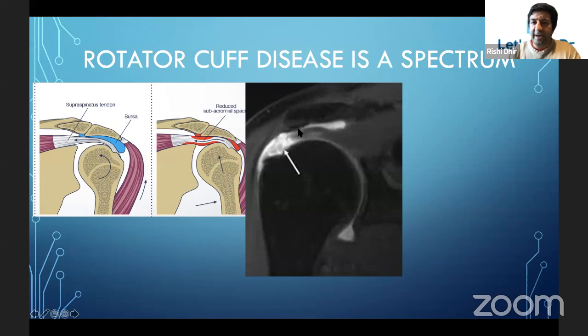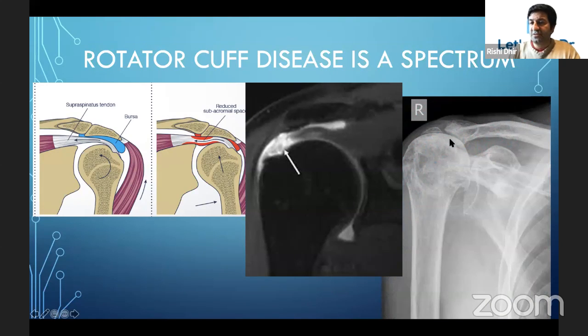You can then progress to a rotator cuff tear, which you can see on this coronal MRI. And finally, at its most severe, you can progress to frank rotator cuff arthropathy. As you can see here, you've got superior migration of the humeral head because you've lost your force couples. Remember my analogy of the beach ball going above the waves. You've essentially got loss of your acromiohumeral distance.